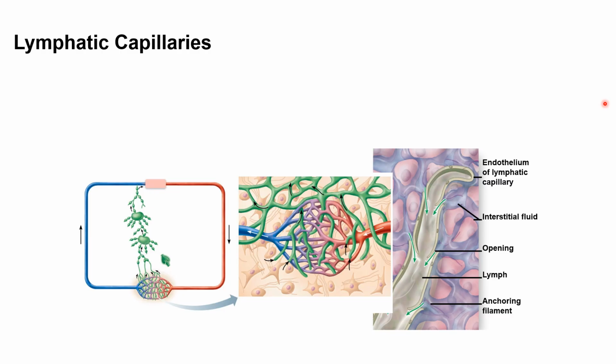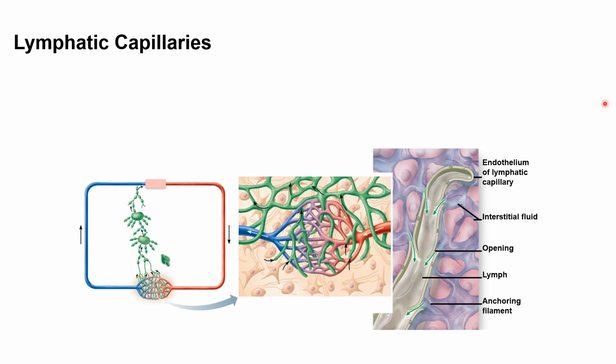Now, when the interstitial pressure in the tissues is low, the valves are going to close, okay? And that's going to prevent any lymph that has entered into the lymphatic capillary from leaving, okay?